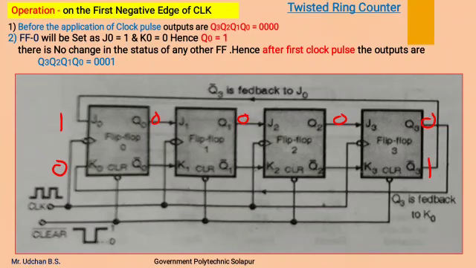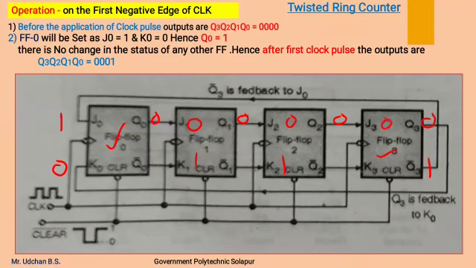For flip-flop 1, Q0 is 0, so J1 will be 0, K1 will be 1. For flip-flop 2, as Q1 is 0, J2 will be 0, K2 will be 1. For flip-flop 3, as Q2 is 0, J3 will be 0, K3 will be 1.